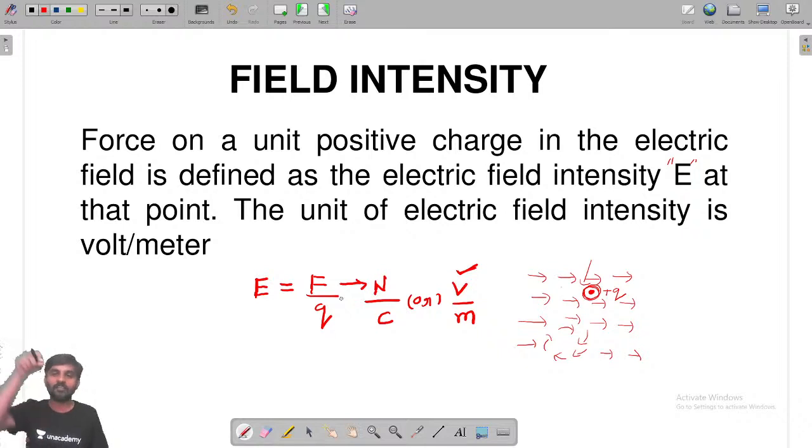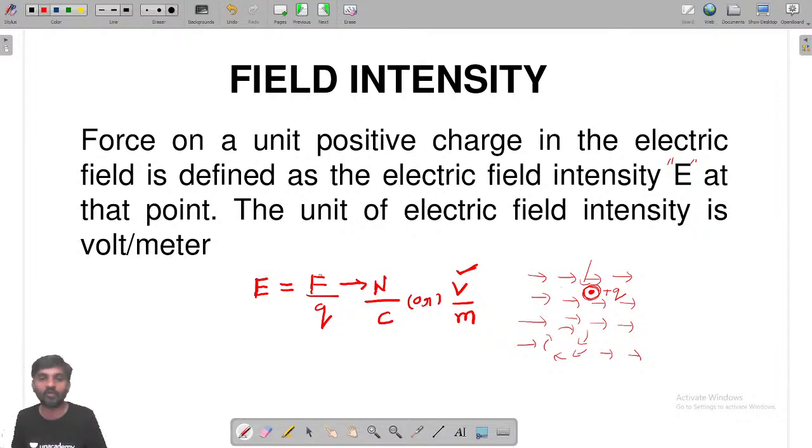When you suddenly go onto the terrace, you will feel that force. Same thing here: when the positive charge is placed in some electric field, it feels a force.